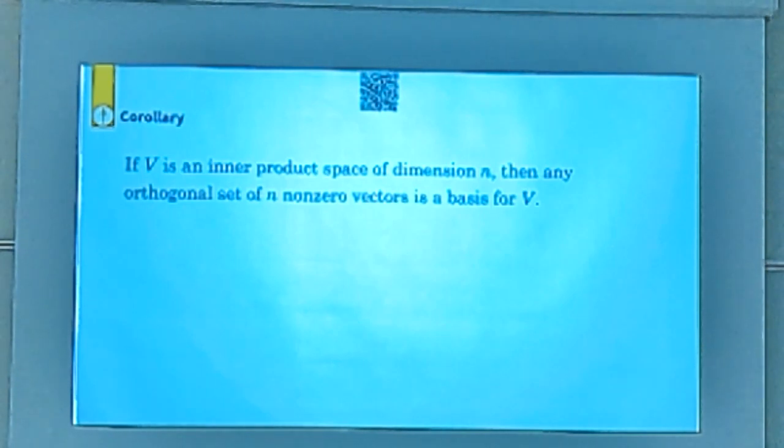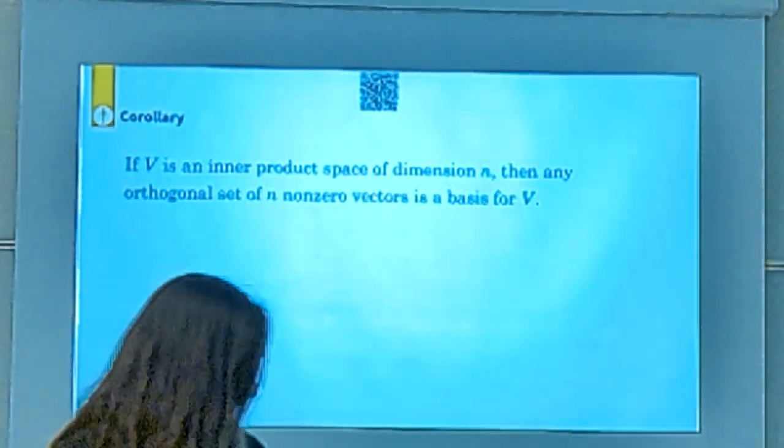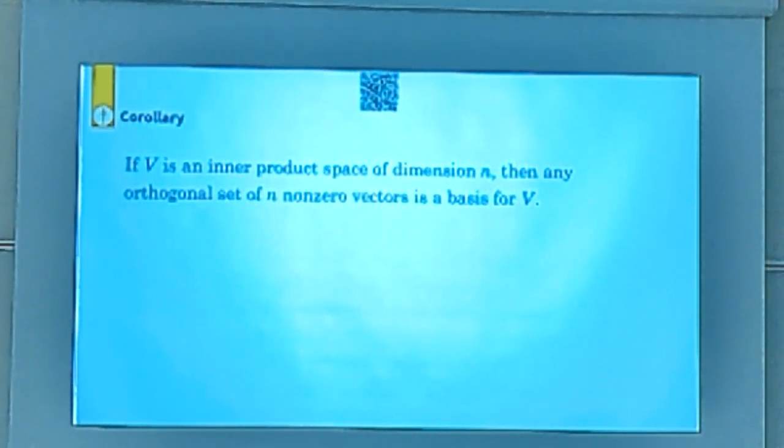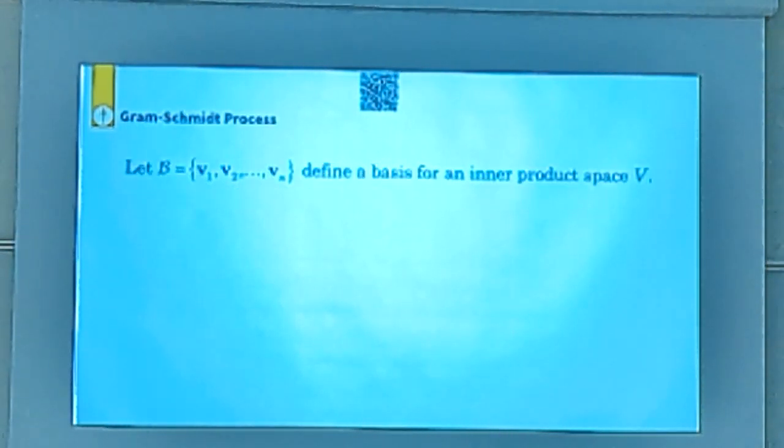So the idea is to form an orthogonal basis given an inner product space. And this process is known as the Gram-Schmidt process.